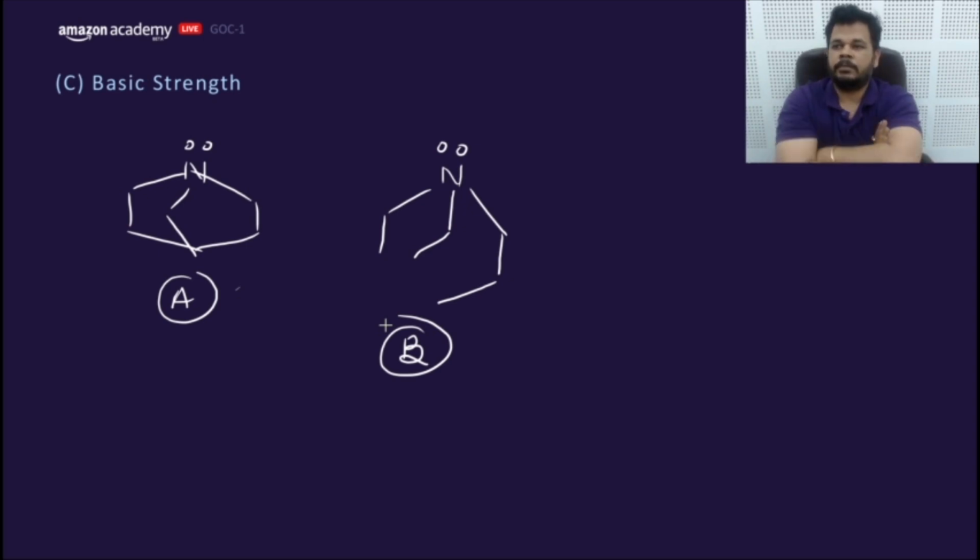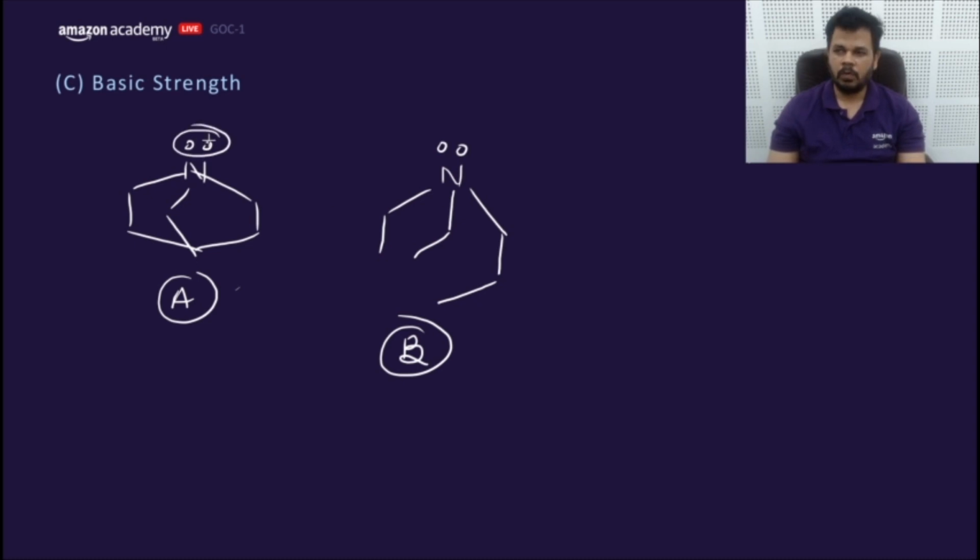KU says A. And what is the reason? CH says B, B is sp2. Bridged, so what?